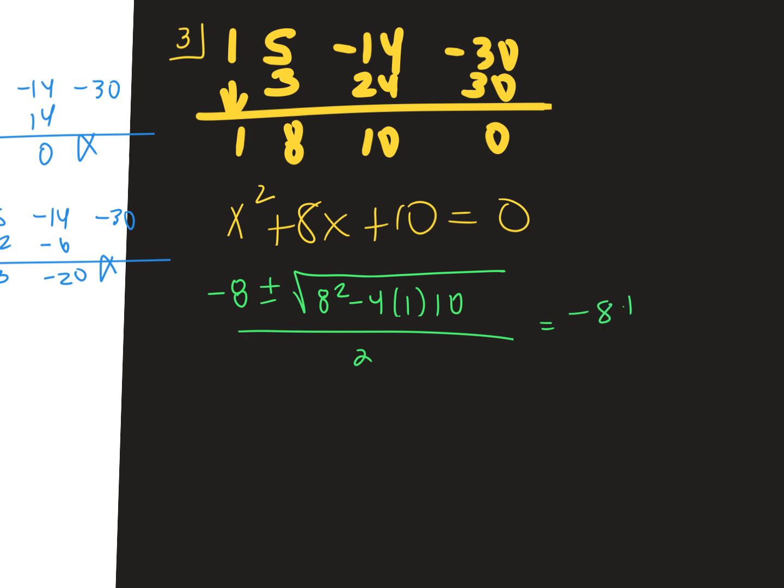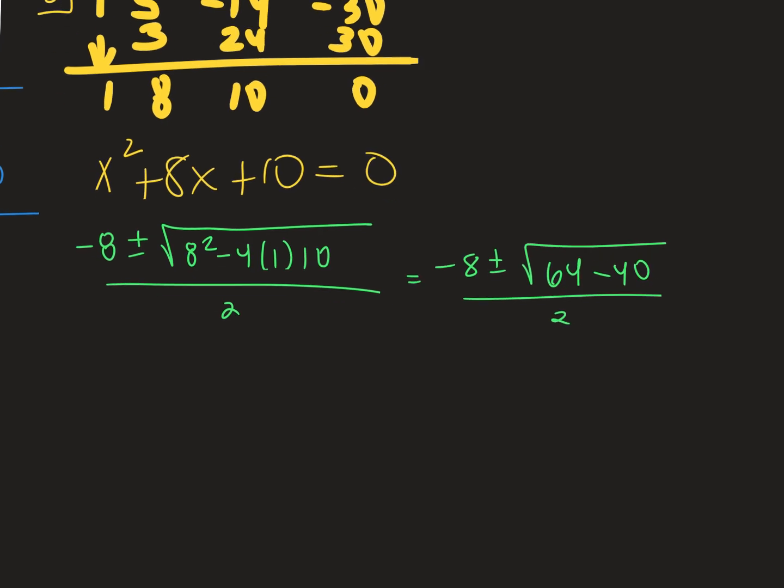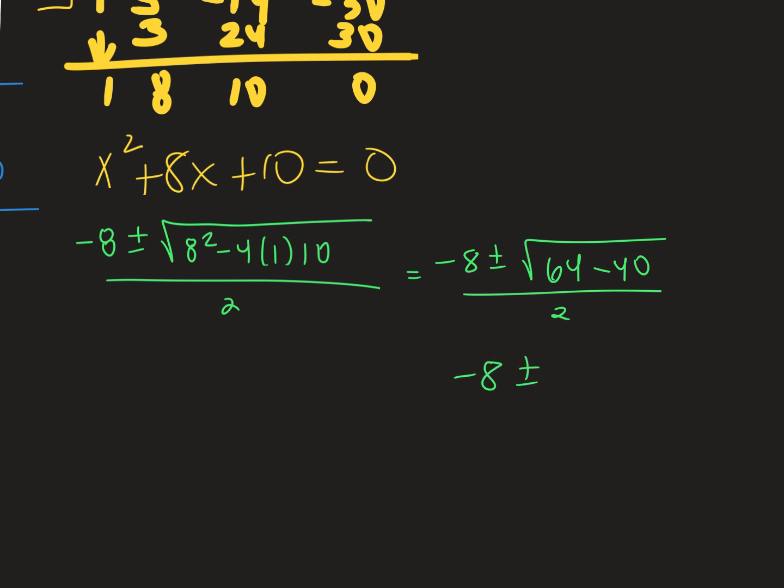So negative 8 plus or minus 64 minus 40 over 2. What's 64 minus 40? 24 over 2.